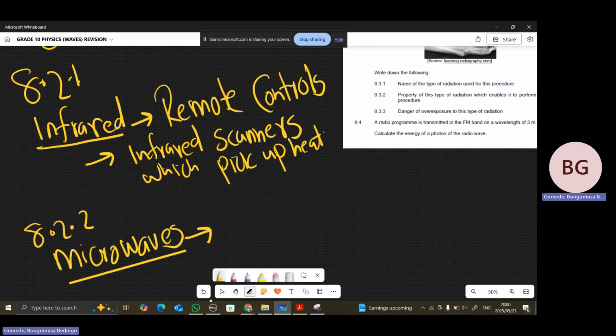You know, if you watch movies, you'll know that there'll be guns that pick up heat. They can identify a wall, identify a dog, identify a person.